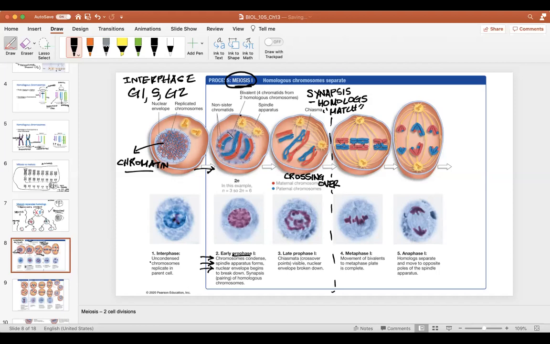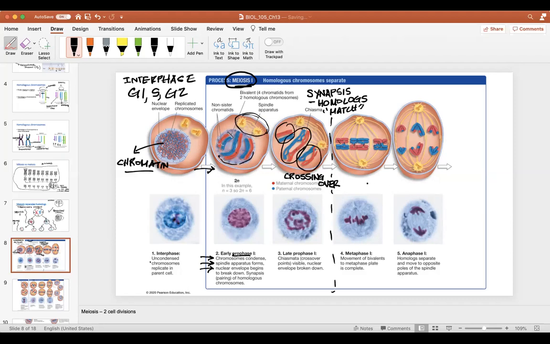The spindle apparatus, remember this is our spindle apparatus here, it's going to begin to form. We're also going to see the nuclear envelope here break down. What is new is that synapsis is going to happen where the homologs match with one another, okay? That's going to lead us into metaphase.